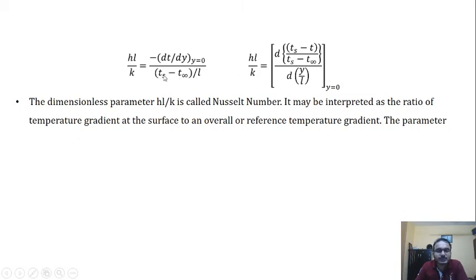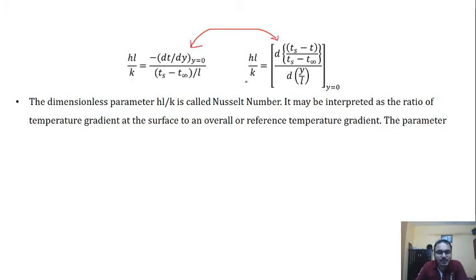Actually Ts minus T infinity is already constant, but we have taken it into differentiation, and once you differentiate, the negative sign will be as it is, and we have taken this dy in the denominator, and we have taken L into differentiation. So both equations are mathematically equal, and you can understand it by yourself.